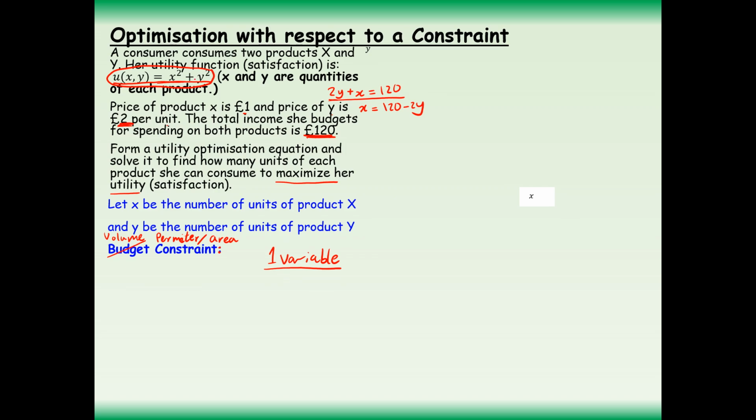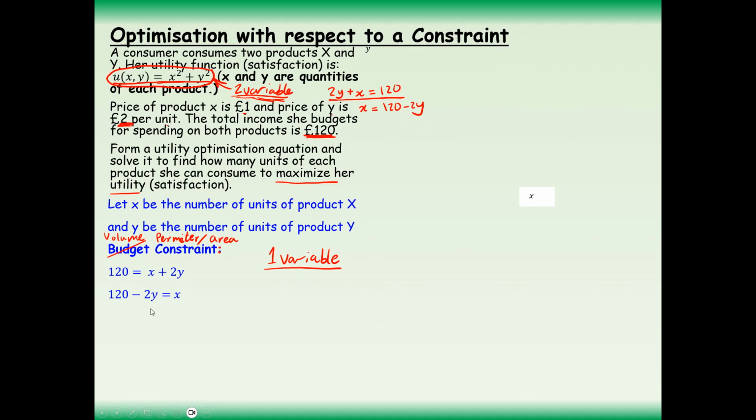Okay, so this is a two-variable problem, and I'm not saying it's impossible. If you study further maths at university, you can differentiate with respect to two variables, but that's not our point. We are to use the budget constraint to rewrite x, as I said.